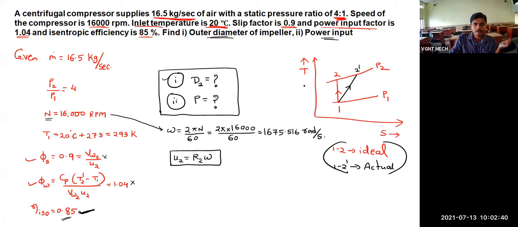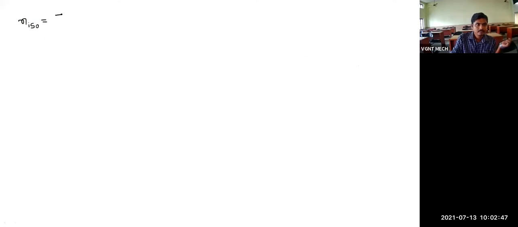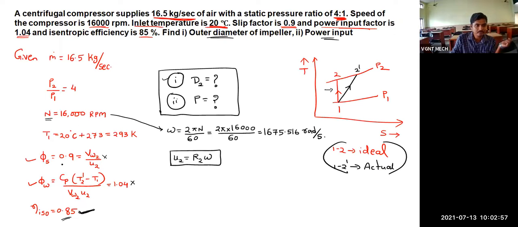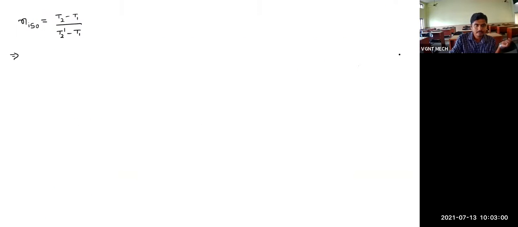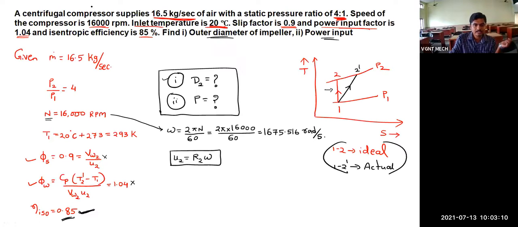What is the formula of isentropic efficiency? It is the ideal temperature difference, T2 minus T1, divided by T2 dash minus T1. Isentropic efficiency is 0.85. So we'll write here 0.85 equal to T2, we don't know, minus T1, which is how much?